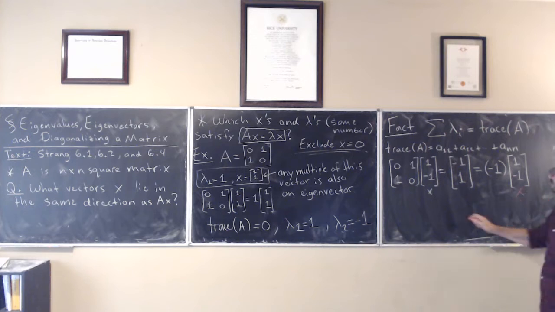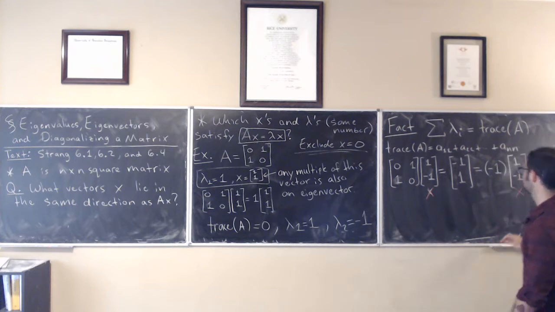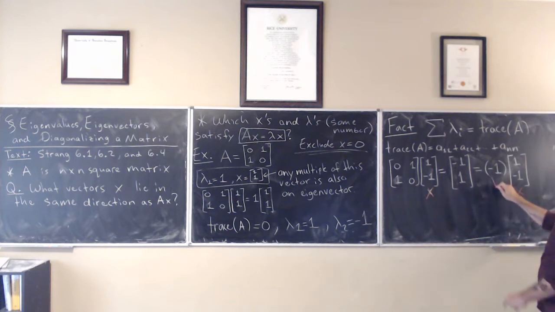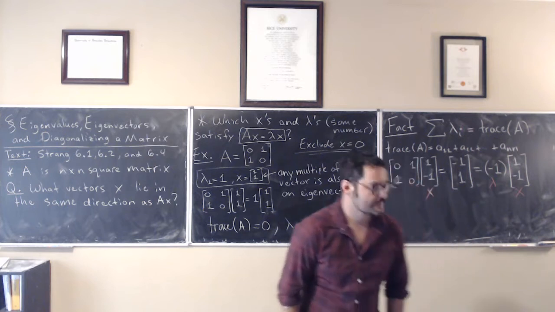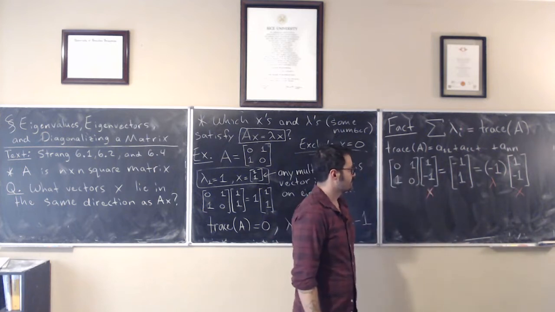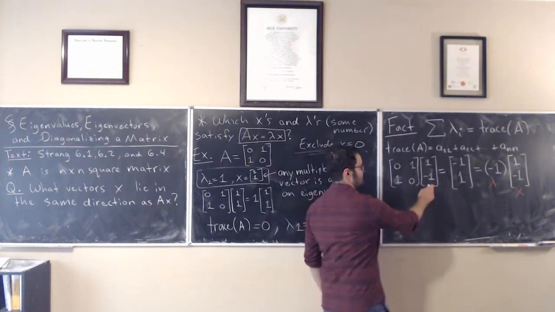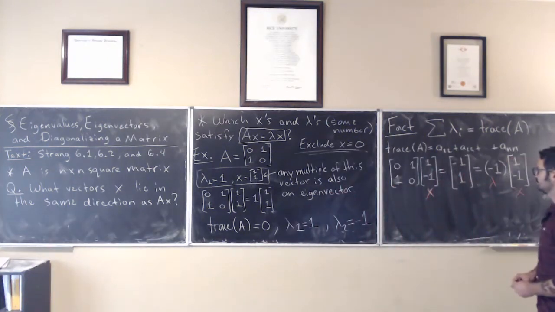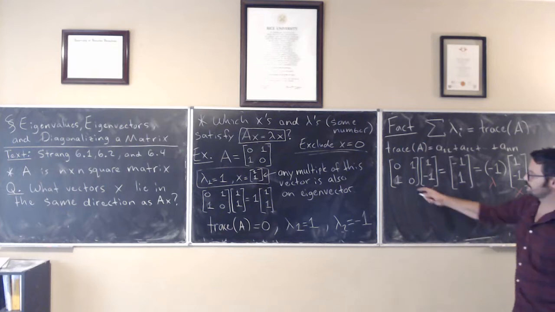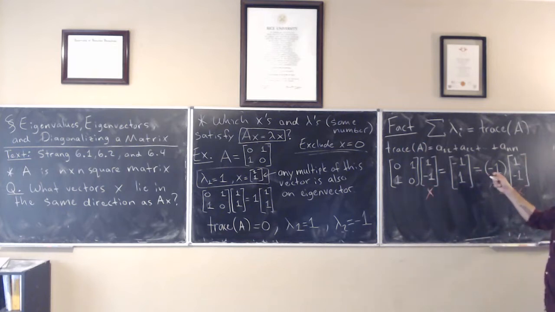Here's A, there's x, and there's lambda. You see that? Make sure you can. So do you see that this vector works? It satisfies that equation, right? Ax equals -1 times x.